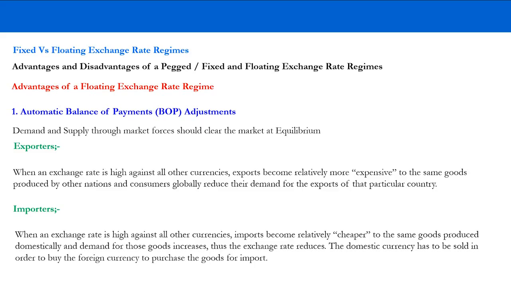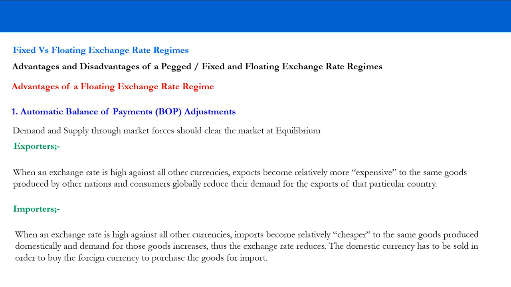So for exporters, for example, when an exchange rate is high or goes too high against all other currencies, exports become relatively more expensive to the same goods produced by other nations, and automatically consumers, left to the market mechanism, will get to a point and start reducing their demand for the exports of that particular country because they can get the same goods at a lower price from somewhere else.